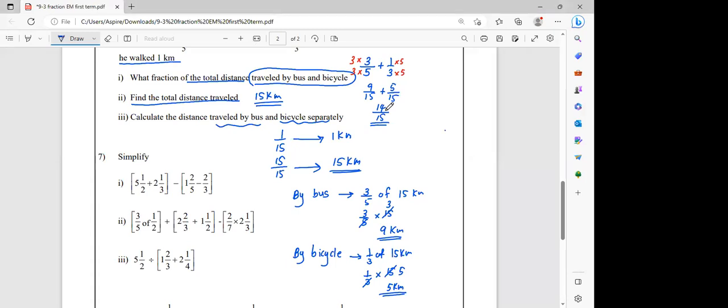Actually, there are many questions in the Western Province paper book. If you consider first term, second term, third term papers, especially in the first term papers, there is definitely one question related to fractions.